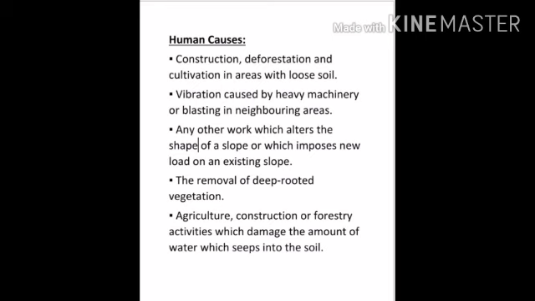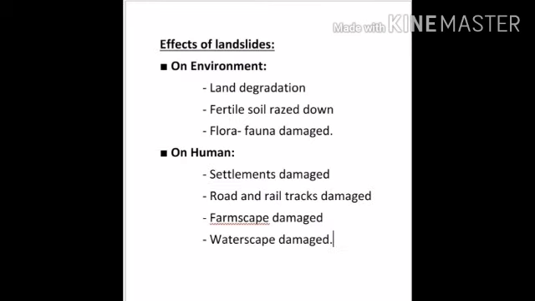Now, after understanding the definition, area and causes of landslide, let us know the effects of landslide. Again, it is categorized into two types: environment or physical landscape, and second is man or cultural landscape.